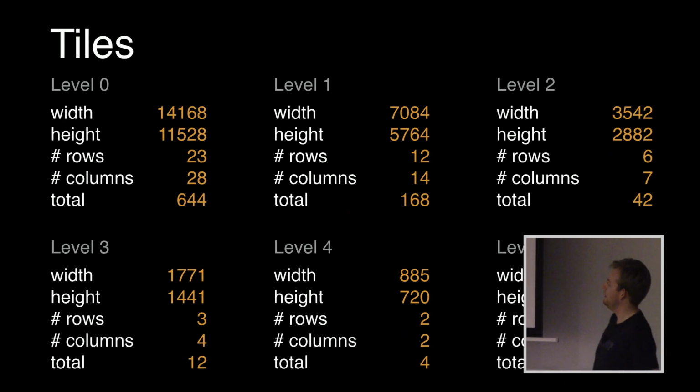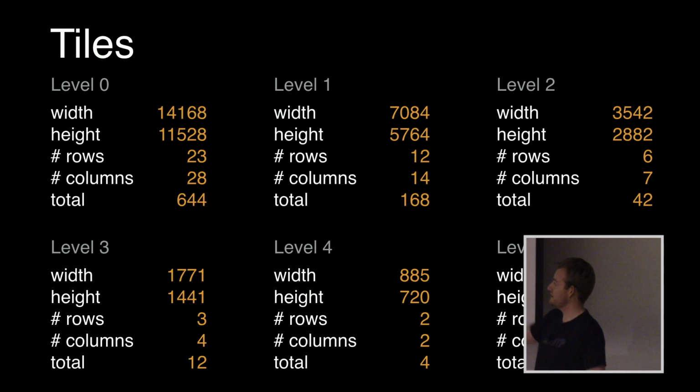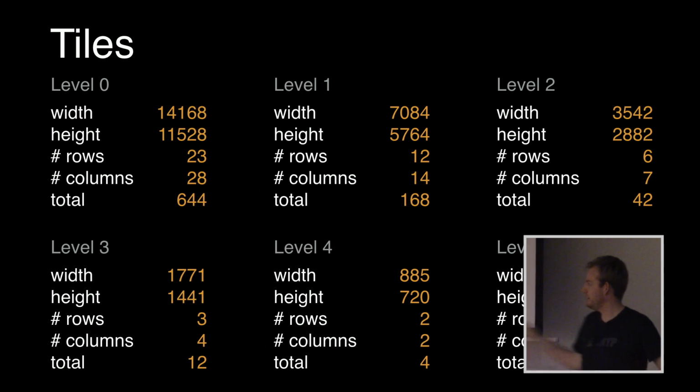This is for every image, so there are different numbers of levels per image. But that's all there is. The only thing we actually need to know is the original size of the image, because then you can calculate all these other numbers from that.